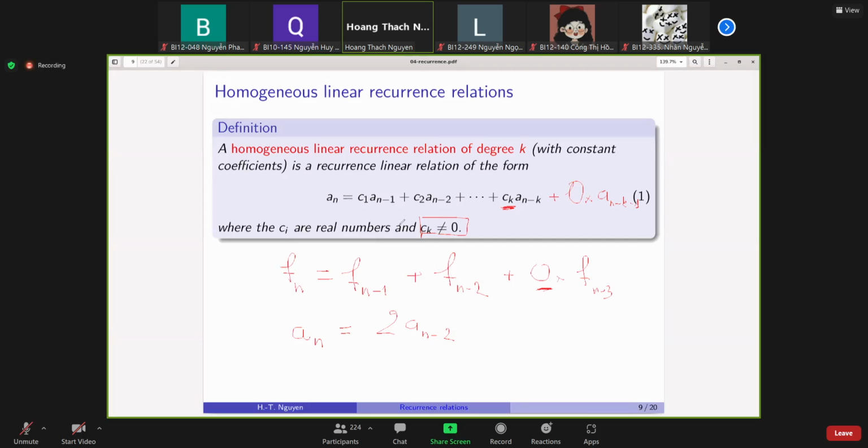Here the previous coefficient is 0. All the previous coefficients may be 0, but the important one is the last coefficient. The last one should be non-zero if the degree of our recurrence relation is k. Okay, understand?